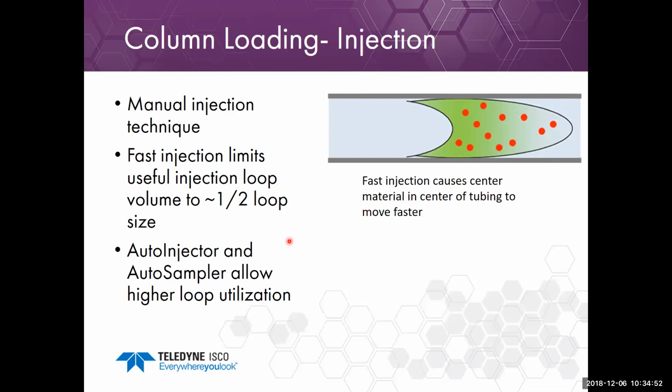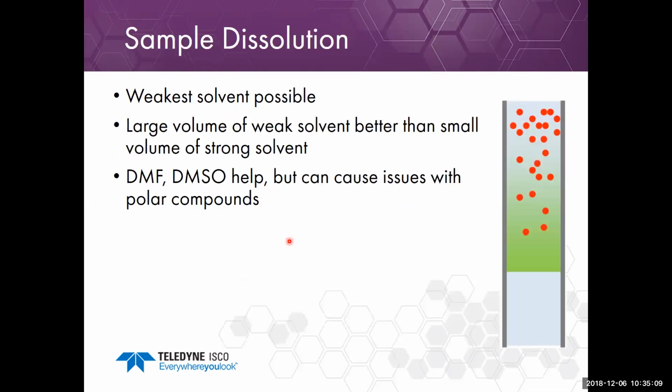Using the autoinjector or the autosampler allows a much higher loop utilization. You can then inject 80 or 90% of your loop and make better use of the sample loop on the system.